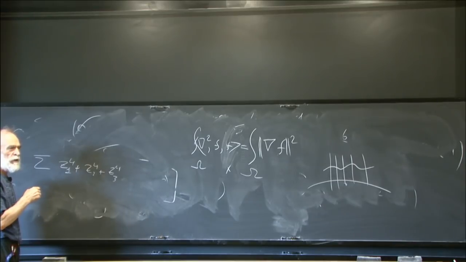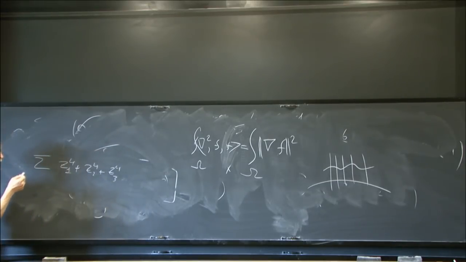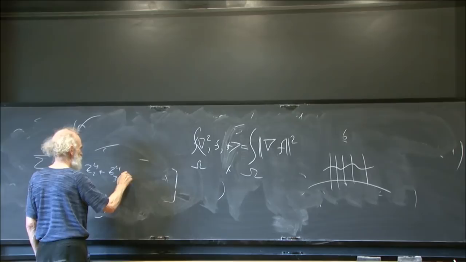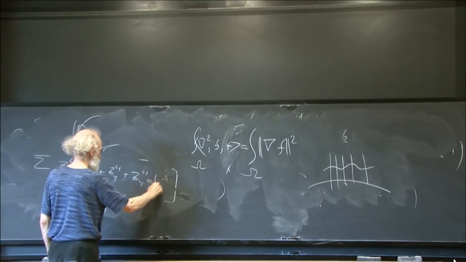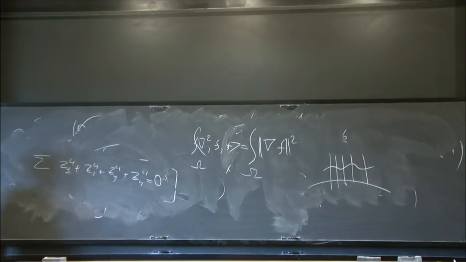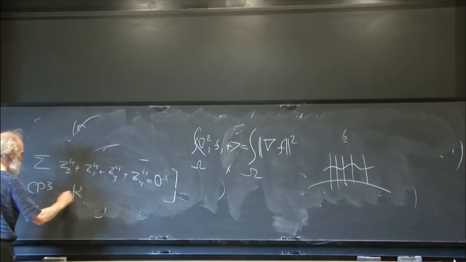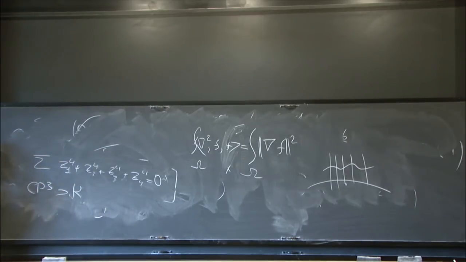So it's a surface in projective 3-space, plus z4 to the 4. This is in homogeneous coordinates. So it's a surface of degree 4 in CP3, the Kummer surface sitting there. And this is the simplest example.